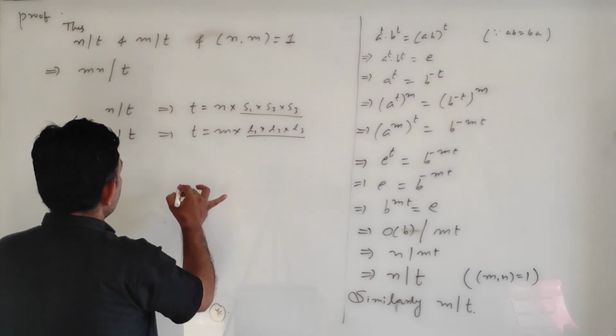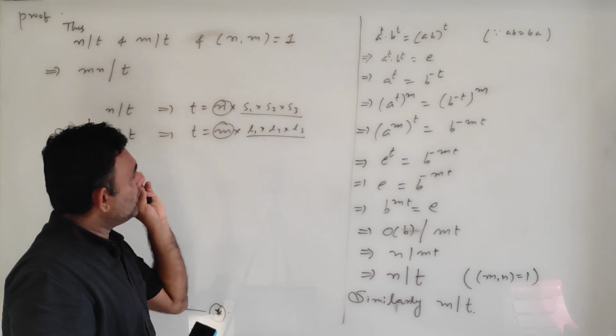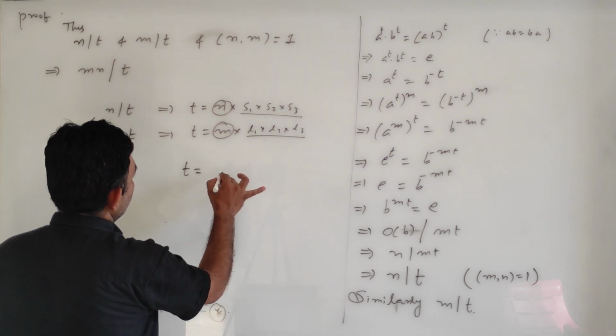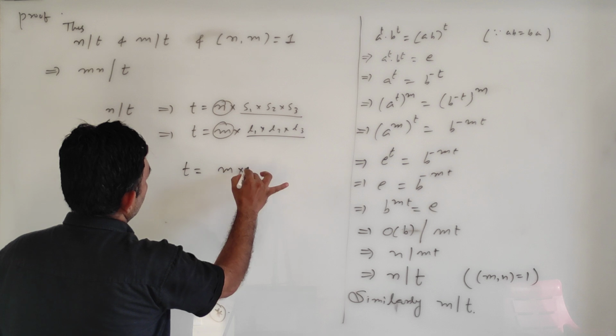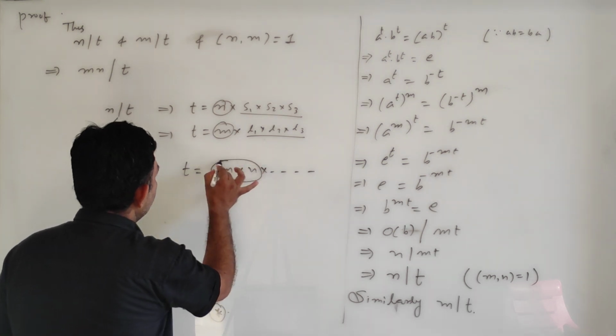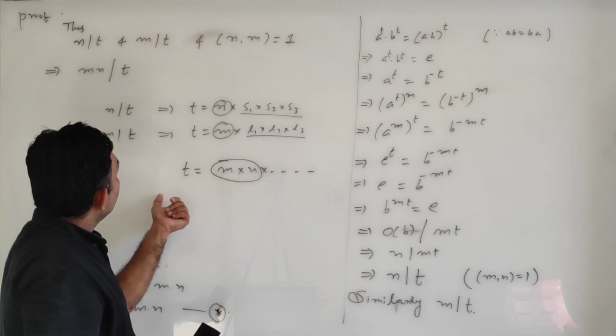So m and n both appear in the factorization of t, so t will be somewhere m into n into something. So this mn will appear in the factorization of t, so mn divides t.